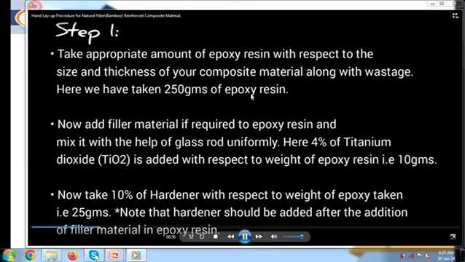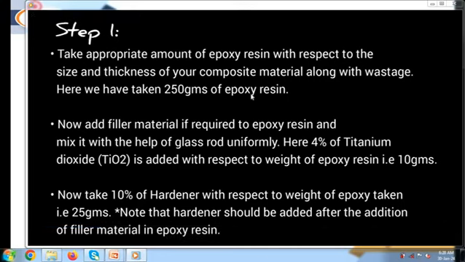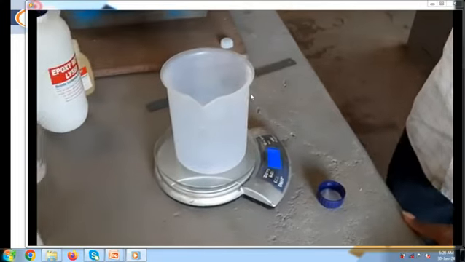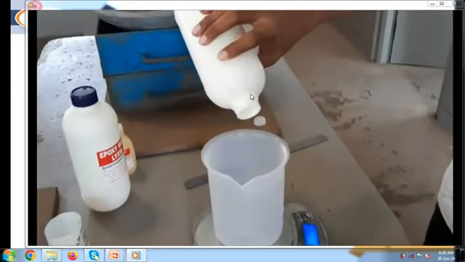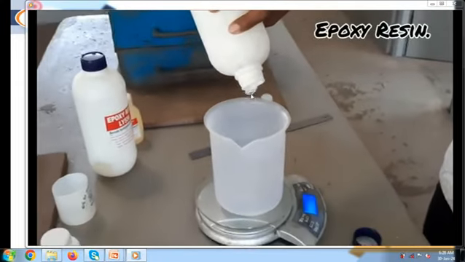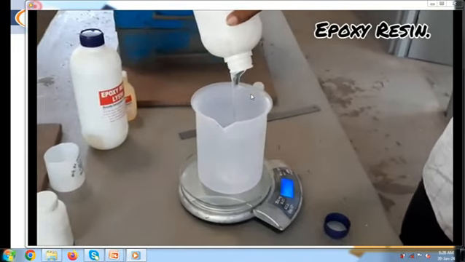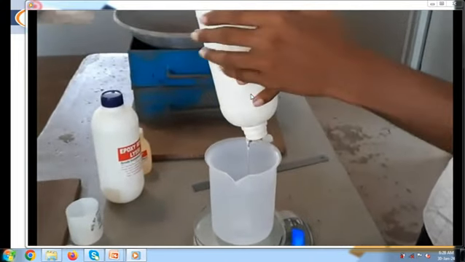Now, how to prepare this sample is very important. First of all we have to take the epoxy resin, and in the epoxy resin we have to add a filler material, that is titanium oxide or any other filler material.